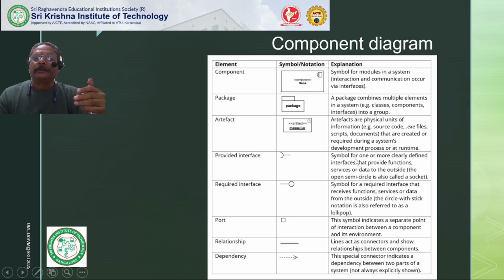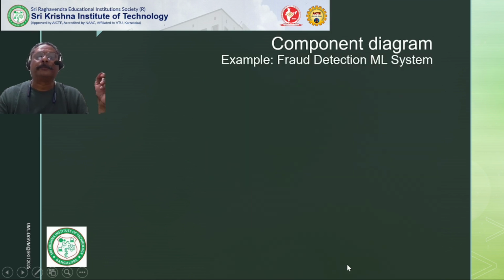This symbol is one or more clearly defined interfaces that provide data to the outside. That is a socket, which wants the data or the information. A square is shown for the port and indicates a separate point of interaction between the component and its environment, the outside world. A relationship is shown with a solid line and a dependency with a dotted arrow.